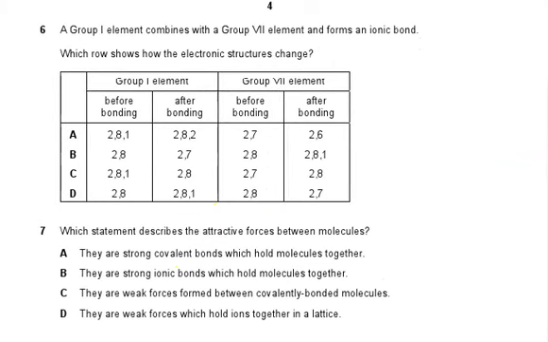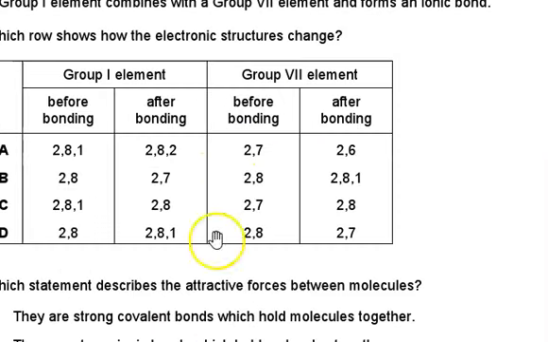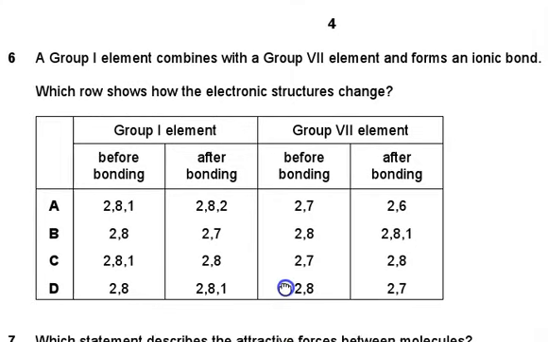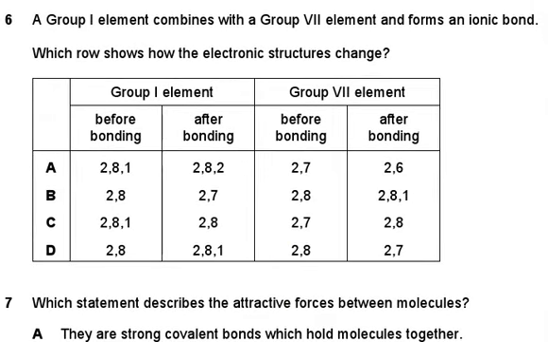Okay, now here let me try to make it bigger. Yeah, okay. So now a group 1 element combines with a group 17 element and forms an ionic bond. Which row shows how the electron structure changes?